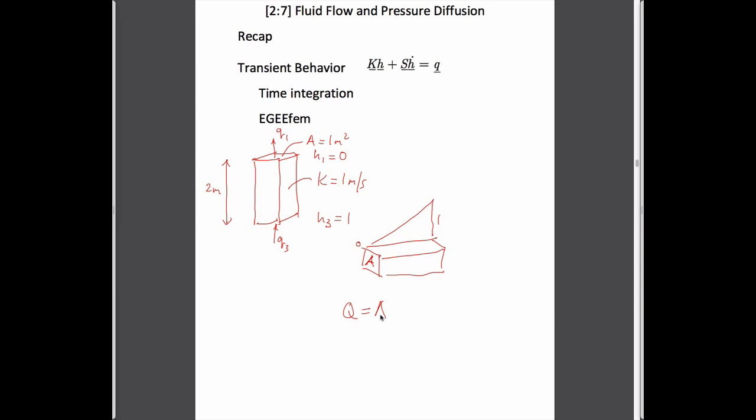Q equals A K delta H over L. And so what is this? 1 meter squared, 1 meter per second, 1 meter divided by 2 meters is 0.5 meters cubed per second.